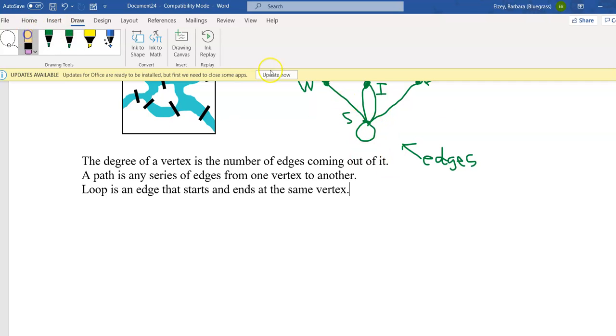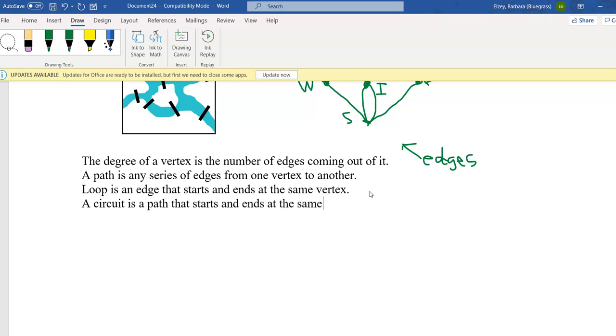Now, of course, we didn't really have a loop there, so I'll just erase it. All right, and then a circuit is a path that starts and ends at the same vertex.